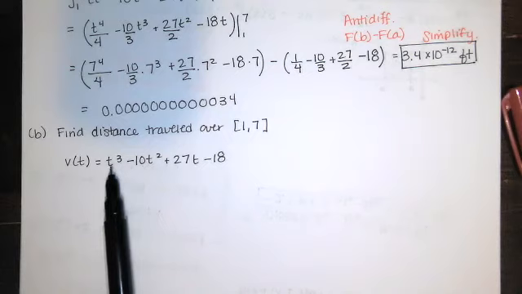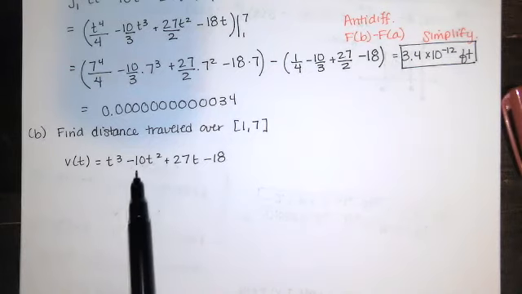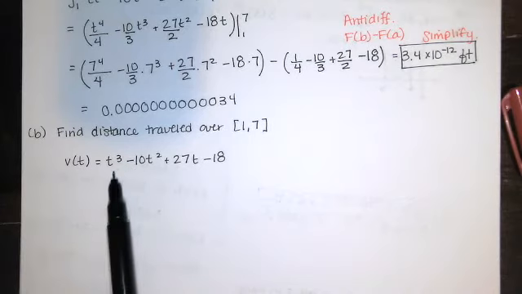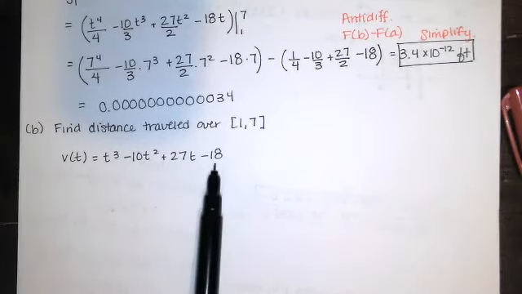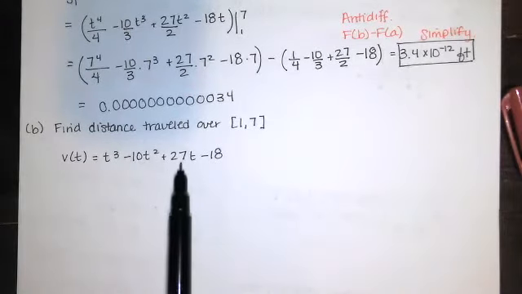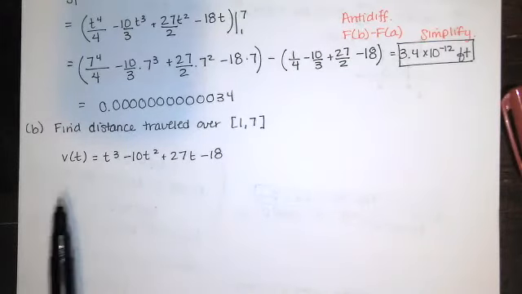I look at that t cubed and that 10t squared. I could take out a t squared from that, then I'd be left with a t minus 10. I could factor something out over here as well. I could factor out a 9, then I'd have a 3t minus 2. But that doesn't seem to help me. There's no factoring by grouping that I can do here.